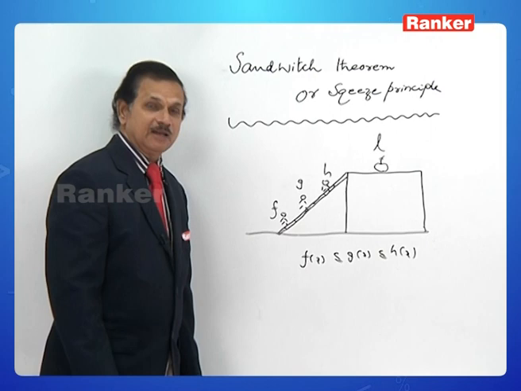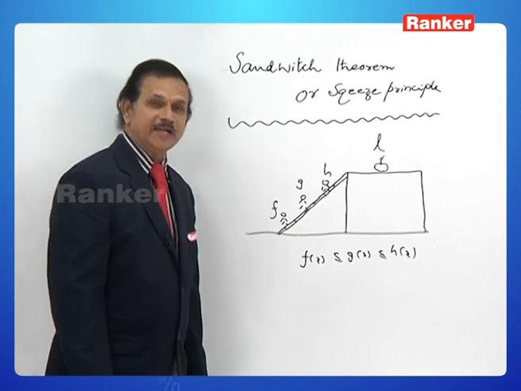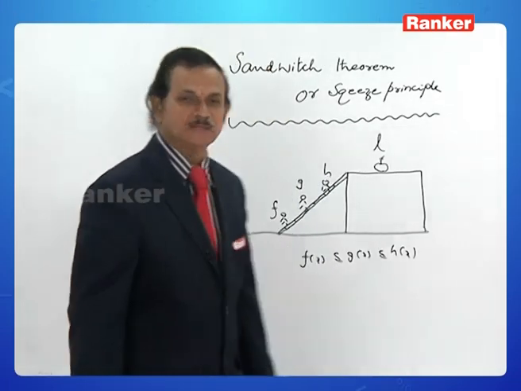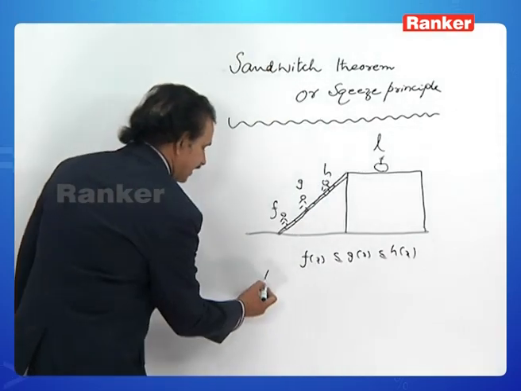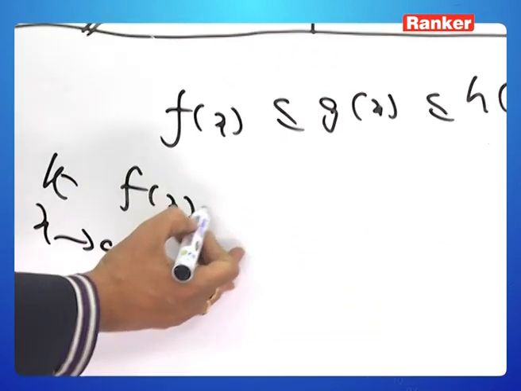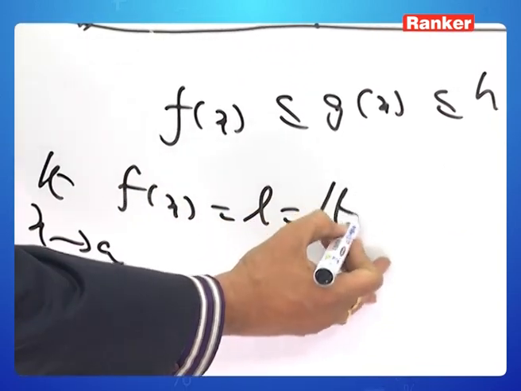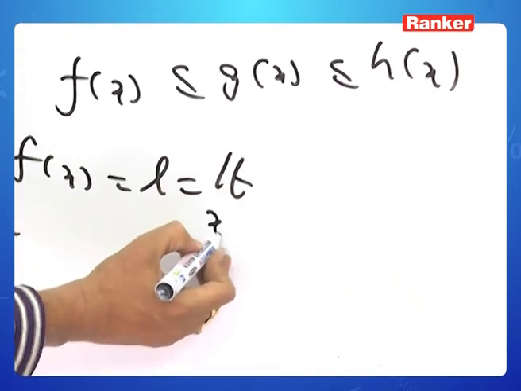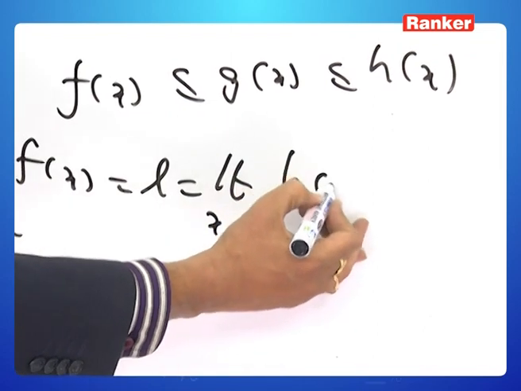These are 3 real functions which have been defined in a neighborhood of a real number. It is also given that limit as x tends to a of f of x is equal to L, which is equal to limit as x tends to a of h of x.